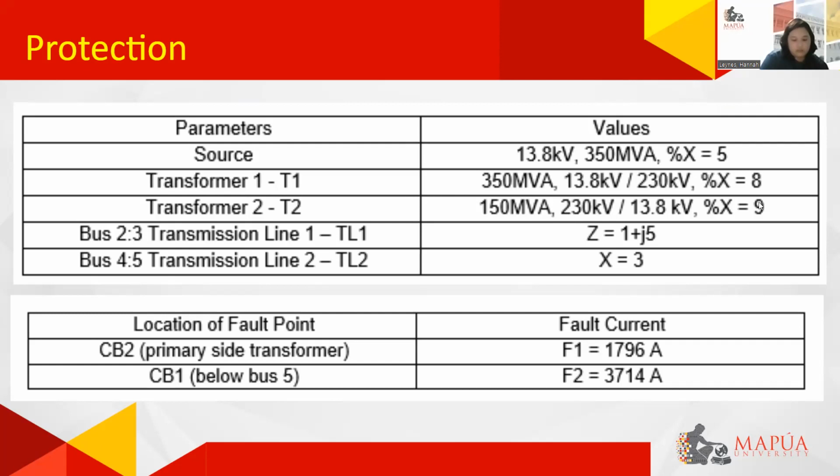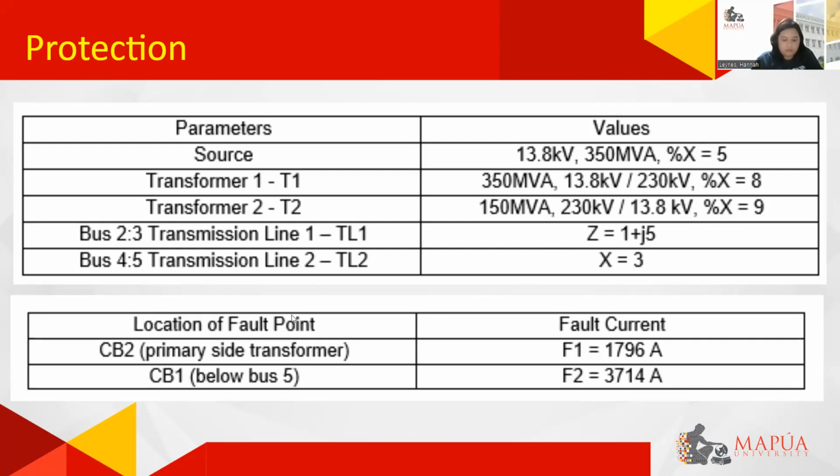Lastly, for the impedances of the transformers, we have X equals 8 and 9 for transformer 1 and 2. For transmission line 1, bus 2 to 3, we have 1 plus j5, and for transmission line 2, bus 4 to 5, we have an impedance of 3.